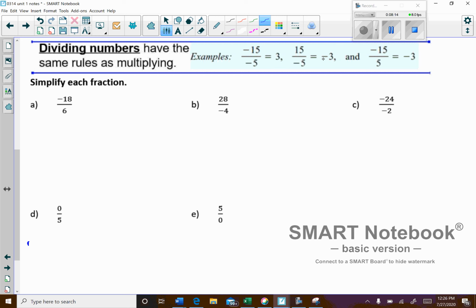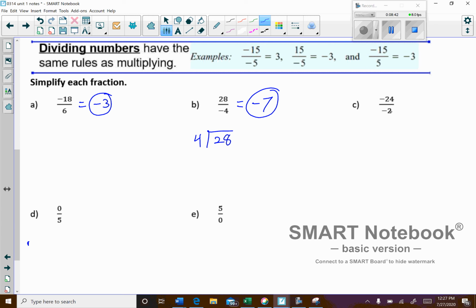It says simplify each fraction, and so these should all divide evenly. So 6 divides into 18 3 times, and it's going to be a negative 3 because one was positive, one was negative. See, negative 4 into 28. Just focus on 4 into 28 for a minute. I believe that's going to be a 7, but it will result in a negative 7 since the 4 was negative.